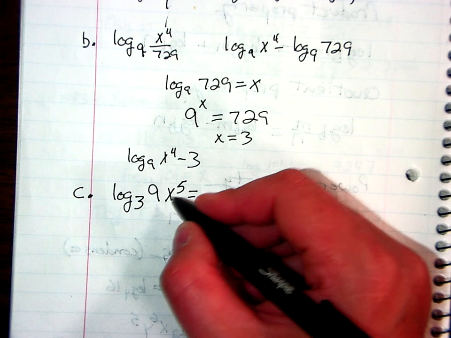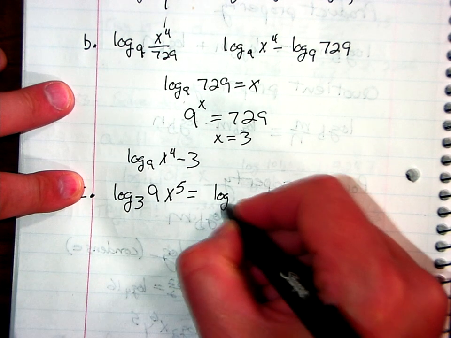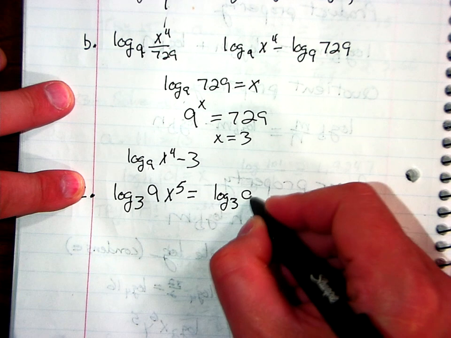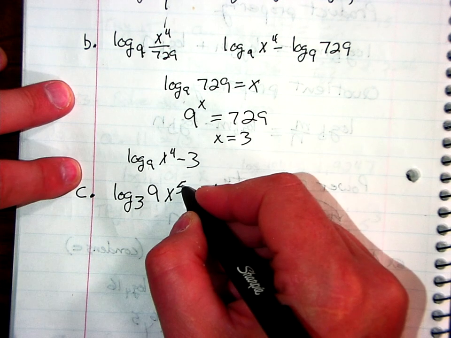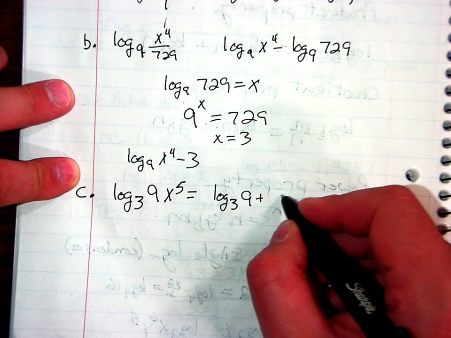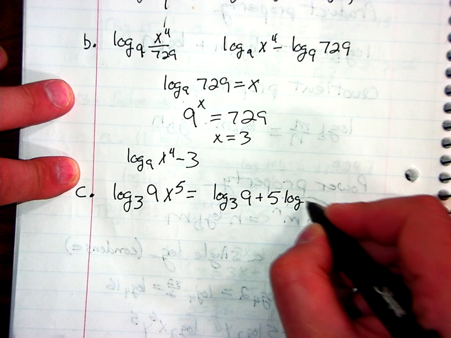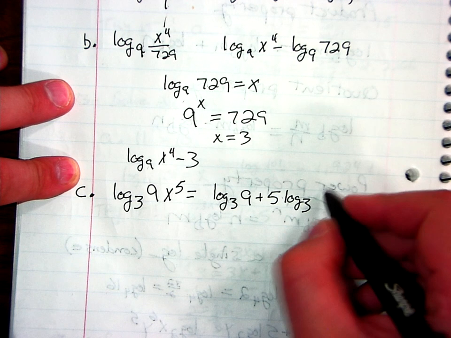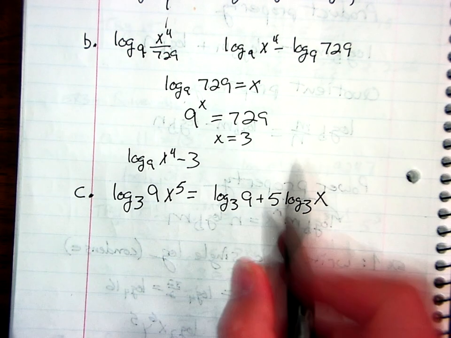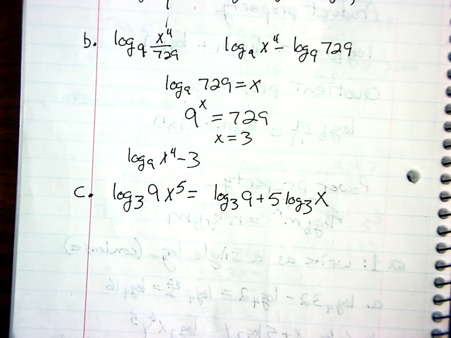No? Okay. So log base 3 9. This 5's an exponent, so we can bring it down in front. That's our power product rule. So 5 log base 3 x. All I did is I took the 5 and I put it in front of the x.